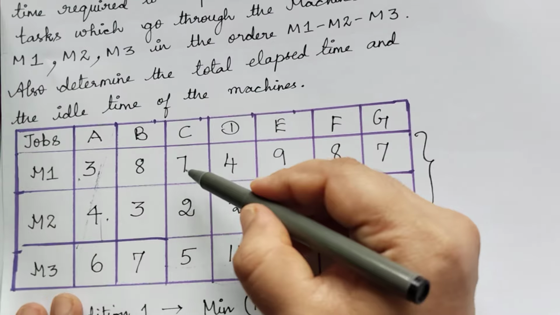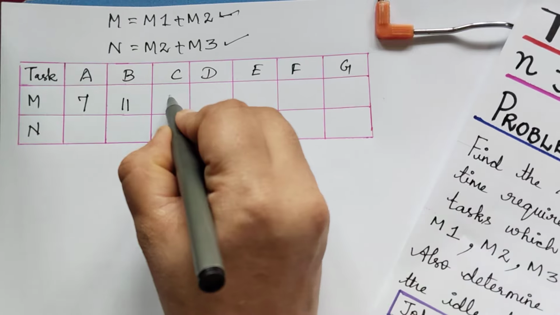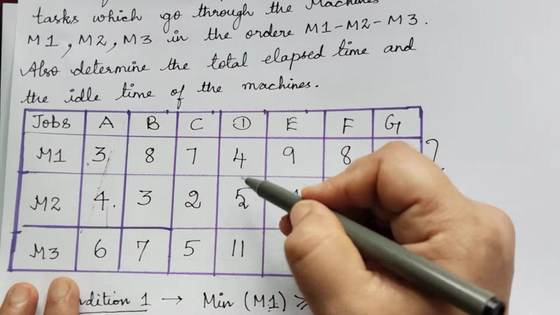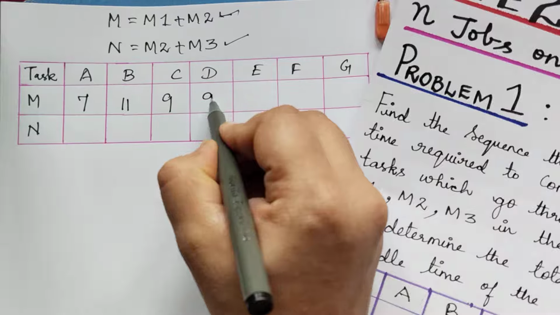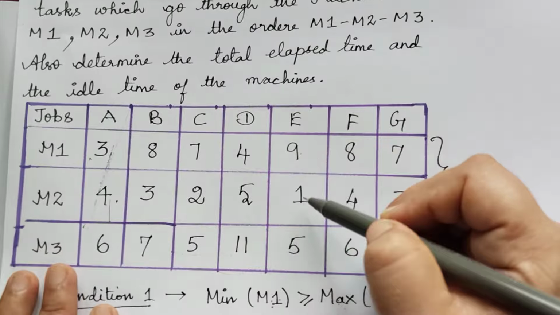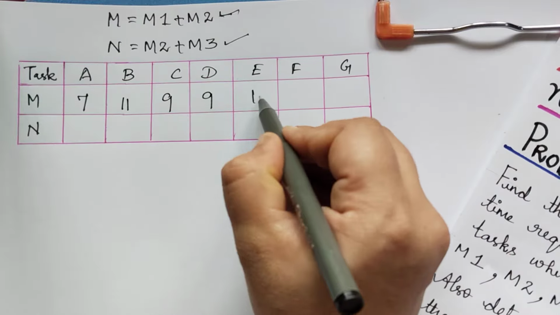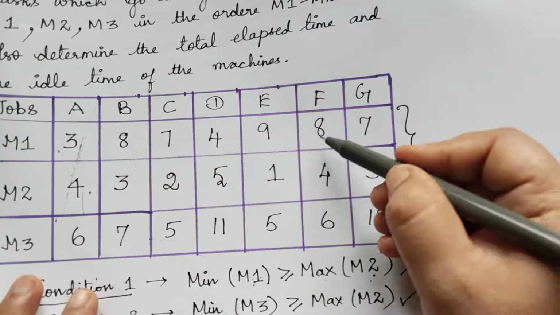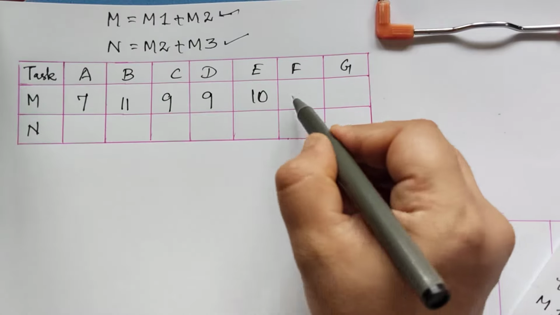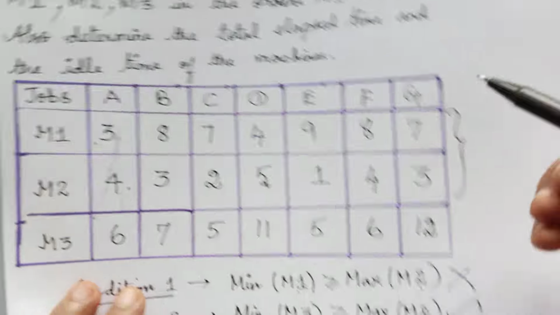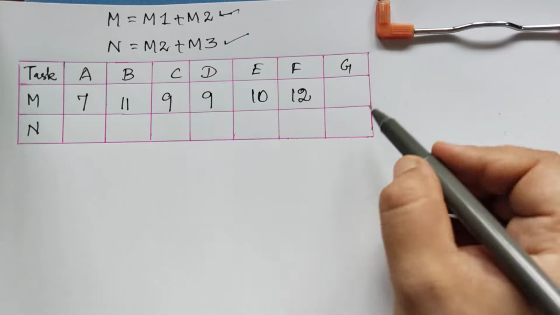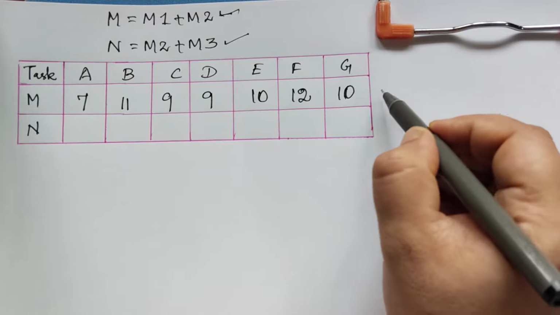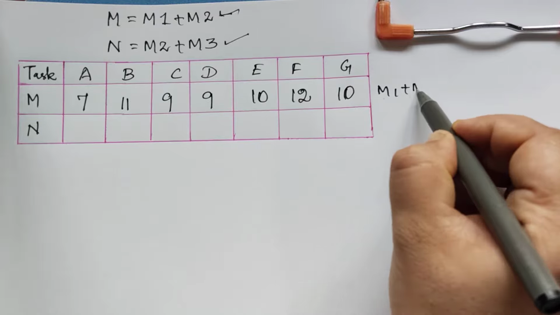In a similar way, 7 plus 2, so it is 9, and 4 plus 5, again 9, and for E it is 9 plus 1, so 10, and then 8 plus 4, so 12, and then 7 plus 3, which will be 10. So now this we obtained by M1 plus M2.